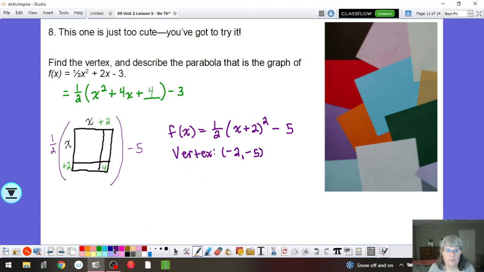This is going to open up because 1/2 is positive. But we also have a shrink by a factor of 1/2. That's what that 1/2 does to this, it would shrink the graph. We're not actually going to graph this, we were just asked to describe it.